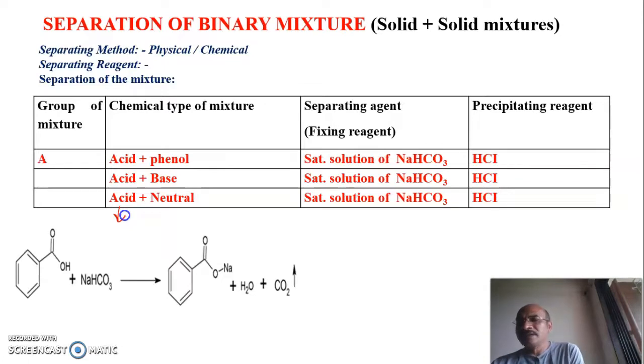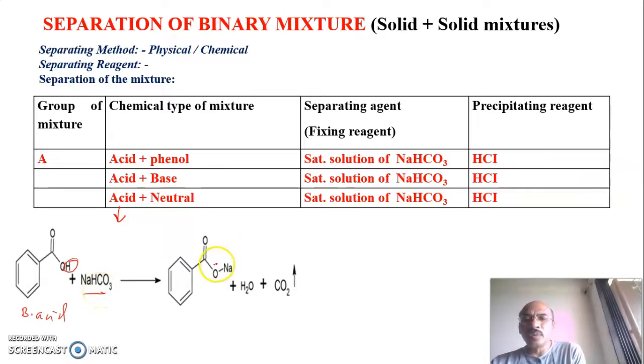Now here, as an example, I have taken sodium bicarbonate. Example of acid I have taken is benzoic acid. What is it? Benzoic acid. Benzoic acid's carboxylic group reacts with sodium bicarbonate to form sodium benzoate, and that sodium benzoate is a salt.